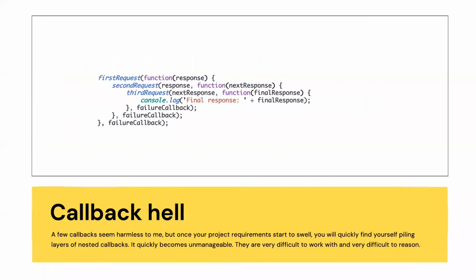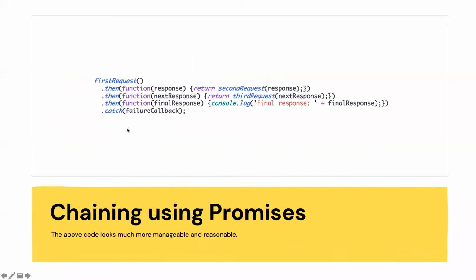So we saw the callback hell. This is how it looked, 3 levels of requests. And the same thing in promises looks like this. First request, then second request, then third request, then we have the final response, and we do whatever we need to do.